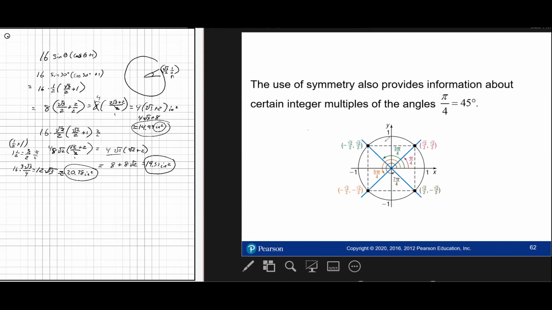Now in the first and second quadrant, the symmetry is with respect to the y-axis, so that means the x values change sign and the y values remain the same. Same thing down here between the third and the fourth quadrant. It's the x values that change sign, but the y values keep the same sign. And so that's the symmetry we're looking at. And I had discussed that earlier.